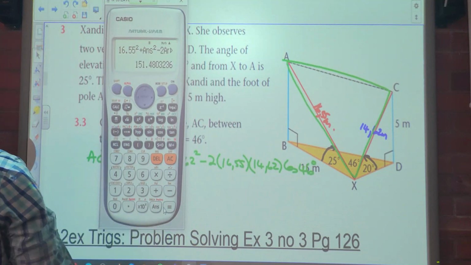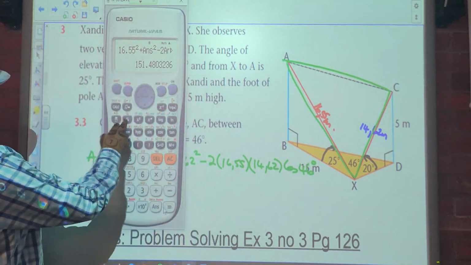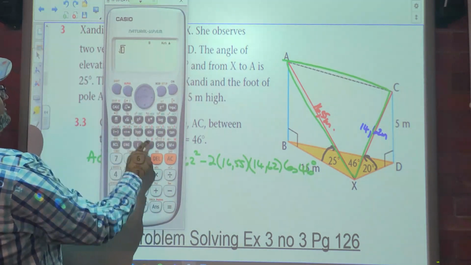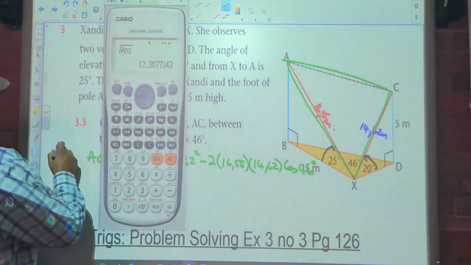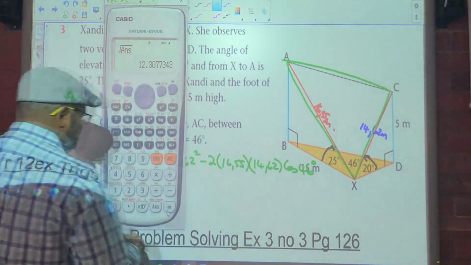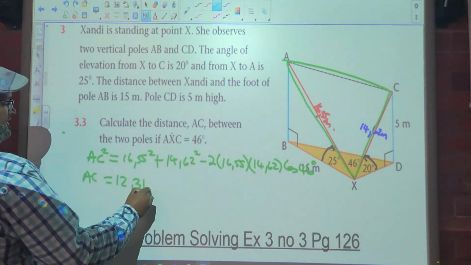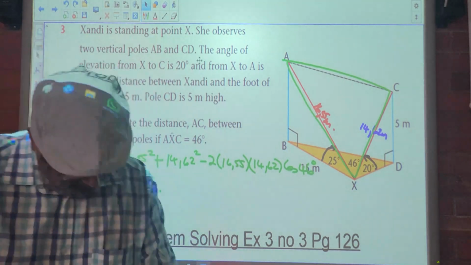So it's going to give you 151. So the square root of that answer gives you 12,31. So AC is going to be 12,31 meters. Is that correct? Okay. Any confusion there?